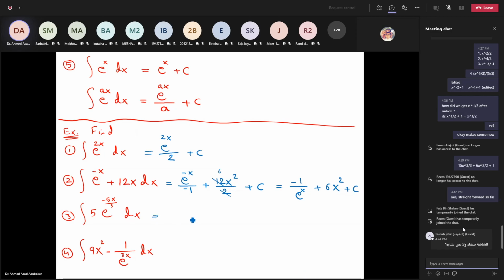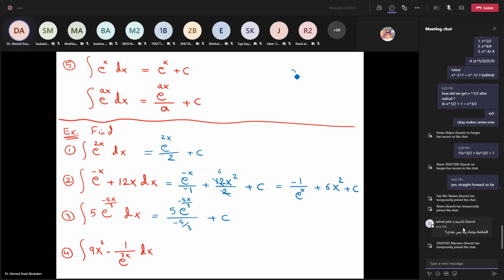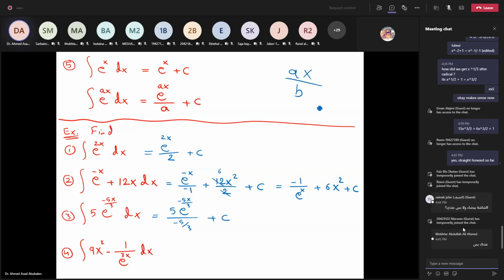This is equal the third exercise, 5 e to the power negative 5x over 3, over the coefficient of x. What's the coefficient of x? Negative 5 over 3. If we have ax over b, this is the coefficient of x, a over b.